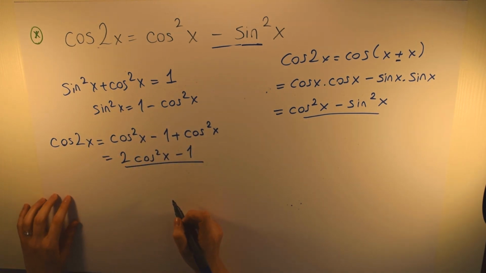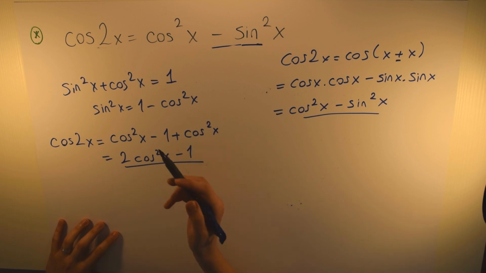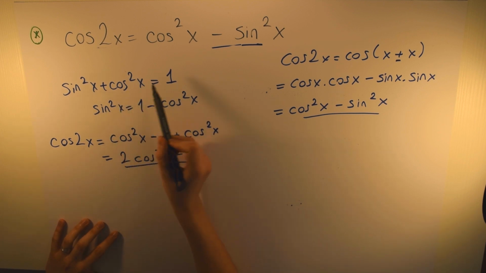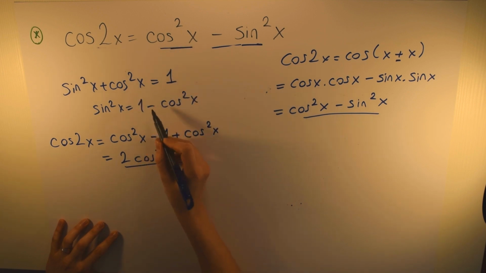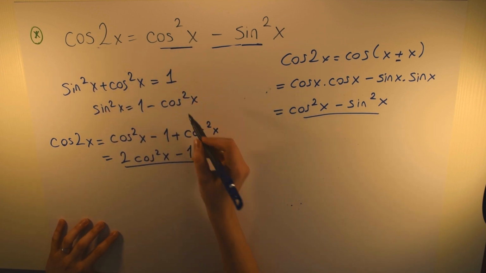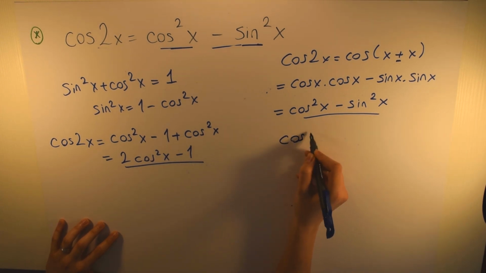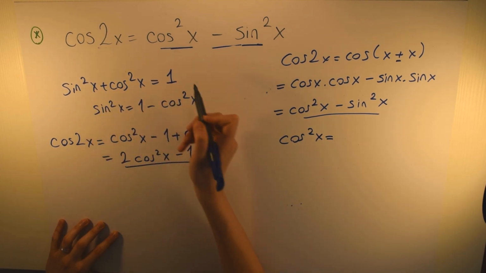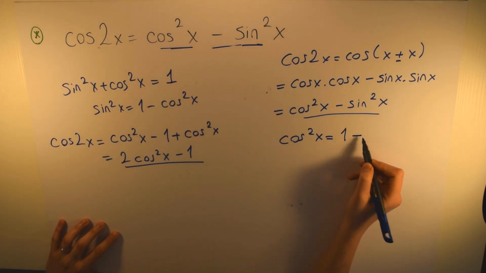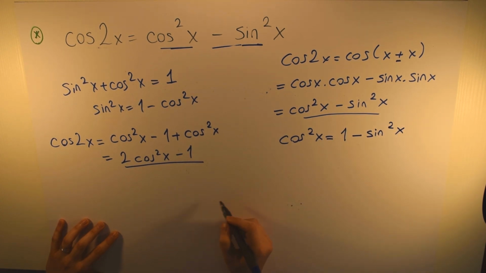You see, this is another equation. Also there is another one, where instead of cosine square x, I can put 1 minus sine square x, right? When I put this sine square x to the other side, it will be 1 minus sine square x. So let's do that.